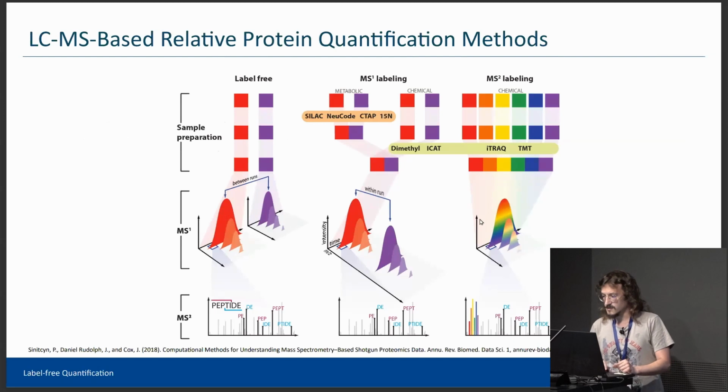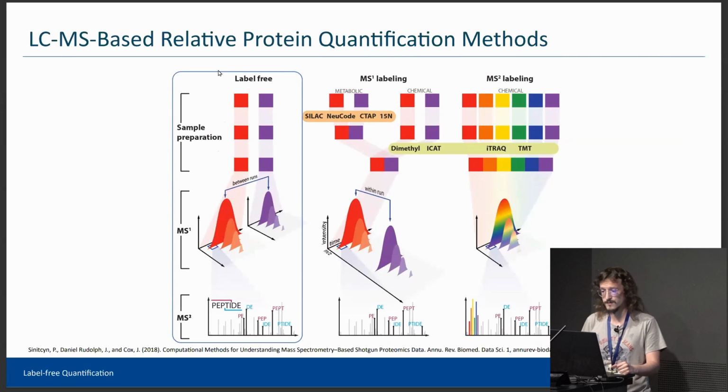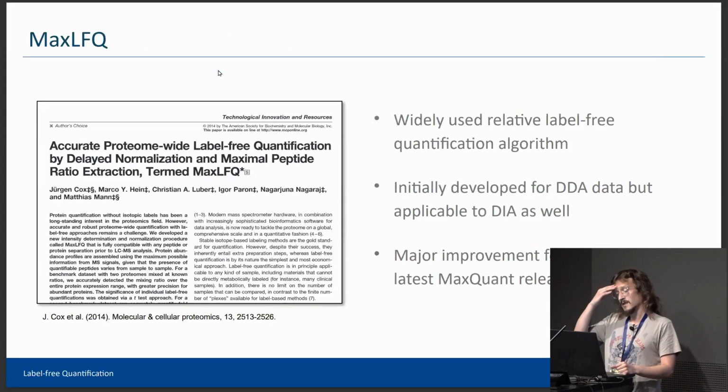Again, you already saw this image, but you can do quantification with MS1 labeling, MS2 labeling, but for this specific talk, we will focus only on label-free quantification. In MaxQuant, there is this algorithm called MaxLFQ that analyzes LFQ data.